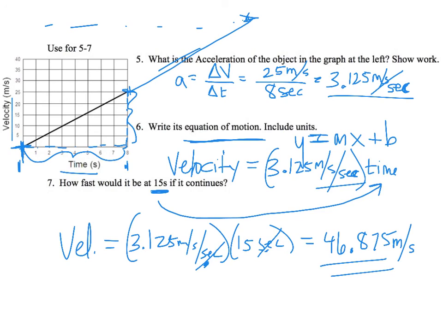It's got to be right. 15 times 3 is 45, plus another 1 point. Yeah, it's got to be right. I'm just looking at this and saying, okay, right about there's 46 on this graph, and that would go over here like this. Like right there. That doesn't seem like 15 seconds. If that's 8, well, I guess maybe it is. Maybe I had that way too far over.